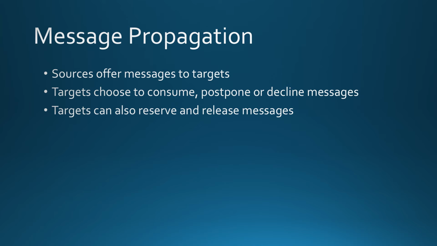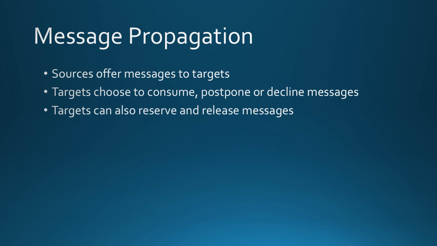Now let's say the target consumes the message. What happens when the target consumes the message is that the message actually changes owners. It goes from the source to the target. If, however, the target decides to postpone the message, the target can store that message in an internal queue.